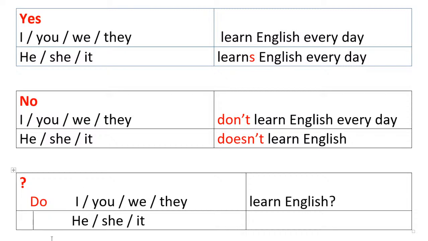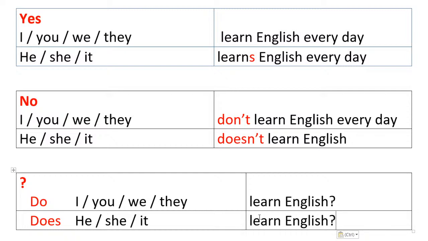Yeah, so you will say does. So the question will be, does he learn English? Does she learn English? Does it learn English? So here we have yes or no questions.